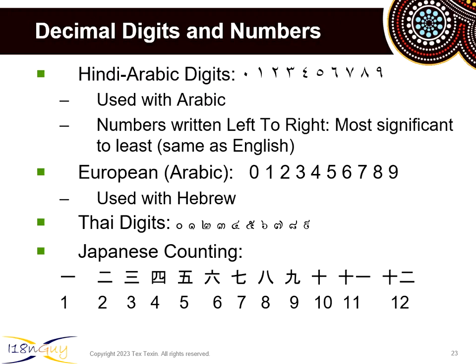And then we have the European digits, which are actually called Arabic digits. And even though they're European, Hebrew mostly uses these digits. There are also ways of counting with Hebrew characters, but that's used less often. Here's Thai digits, and here are Japanese counting characters.